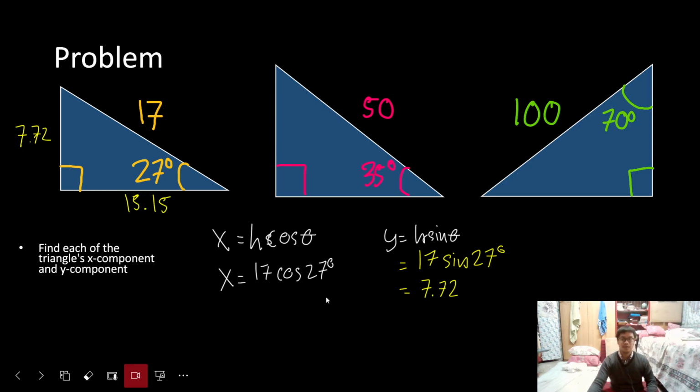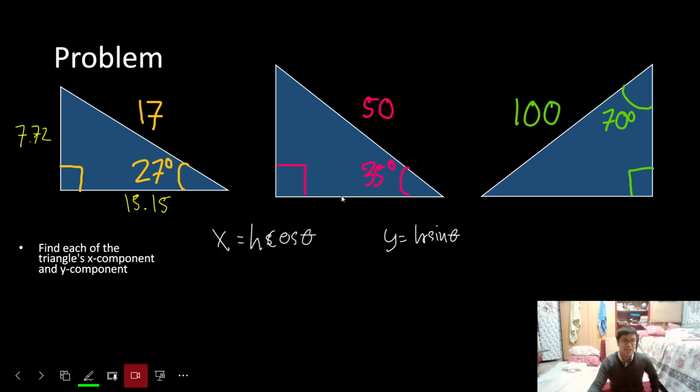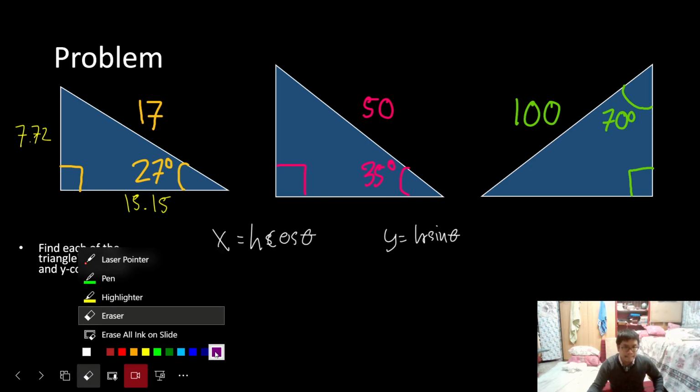It's still the same thing. Just use this formula to find your x and to find your y. Let's start first with your x. So your x is where again? It's here. And your y is here.